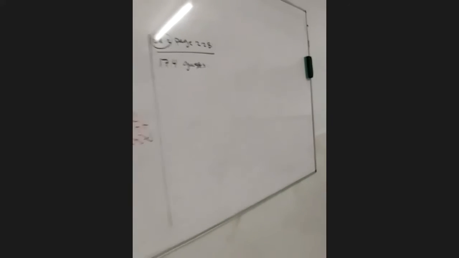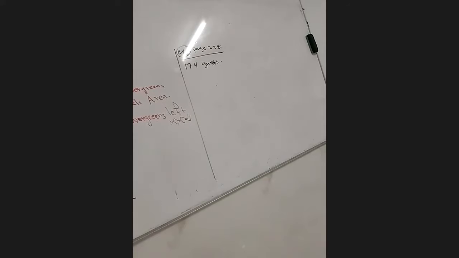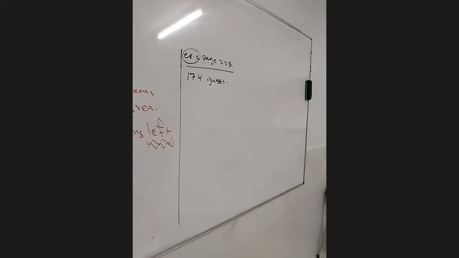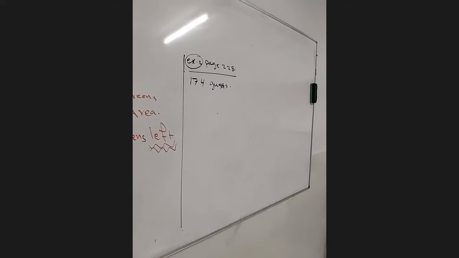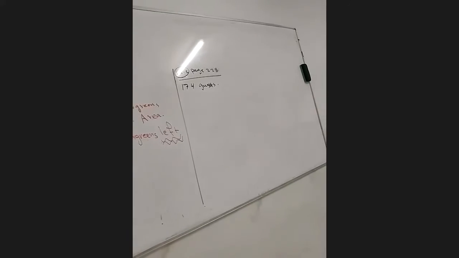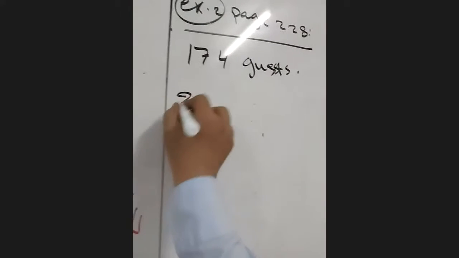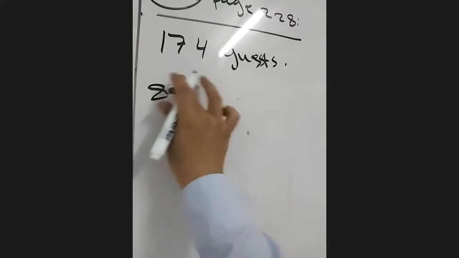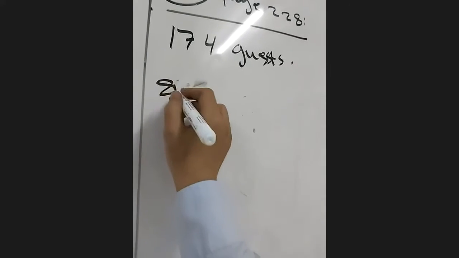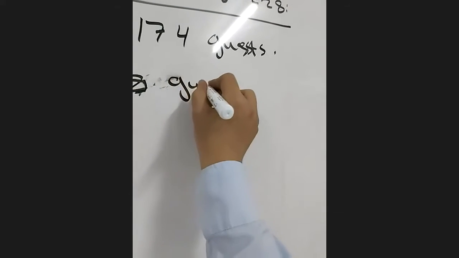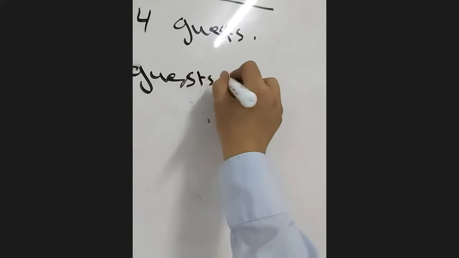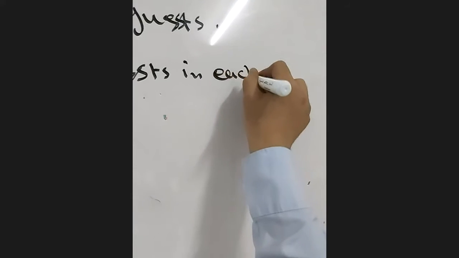And how many guests can sit at each table? 8 guests. The table has 8 chairs. Yes, 8 guests at each table.